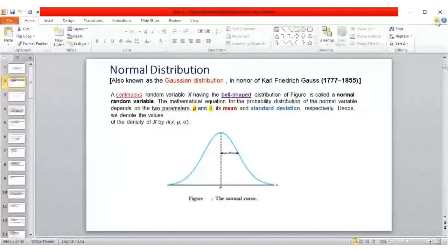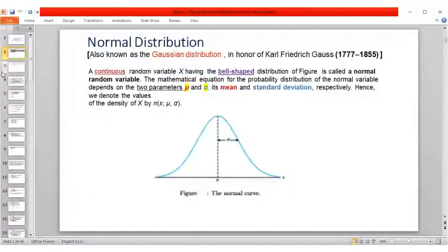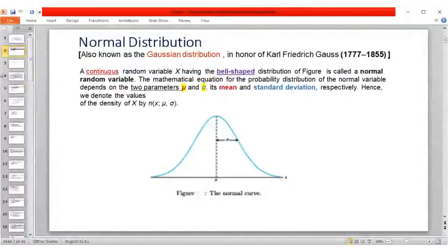If you have this kind of bell-shaped diagram, which is symmetric on both sides, symmetric on both sides means if I put a mirror in between and make an image of the left side, it will come to the right side. Or if I fold the paper from the center, then this blue line on the right side will meet the blue line on the left side. So this kind of shape is there for the normal distribution.